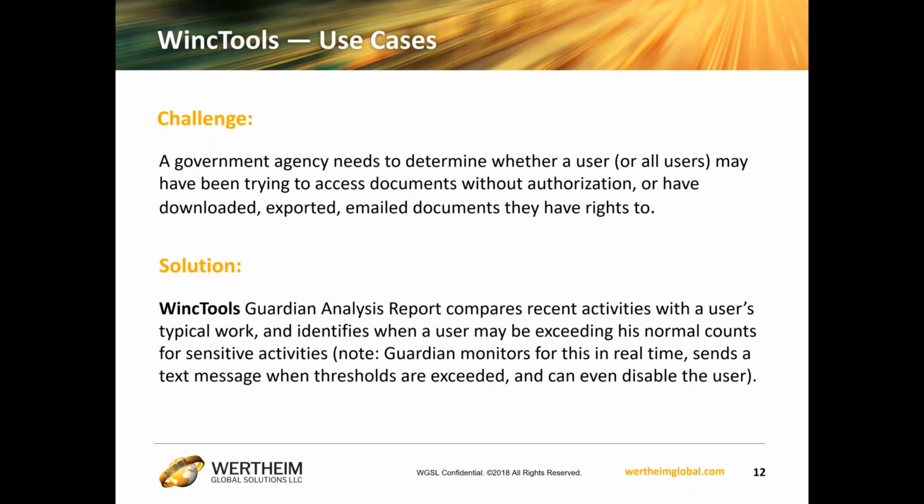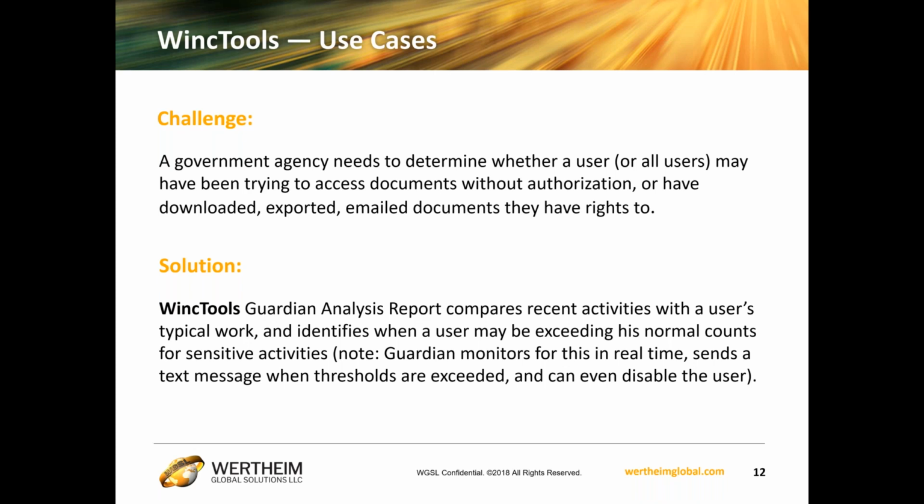Another client, a government agency, needed to determine whether a user or any users may have been trying to access documents that they shouldn't have been trying to access. In their particular case, documents were not properly secured in all cases, so they needed to know who may have actually touched the documents because they needed to do that for the regulations that they were under. So we have a report in Wing Tools called the Guardian Analysis Report.